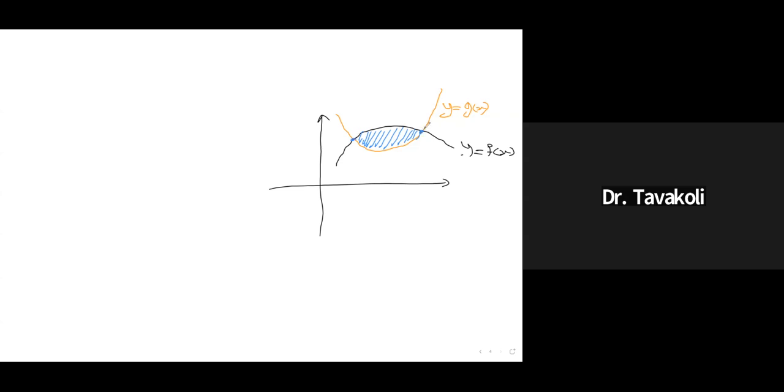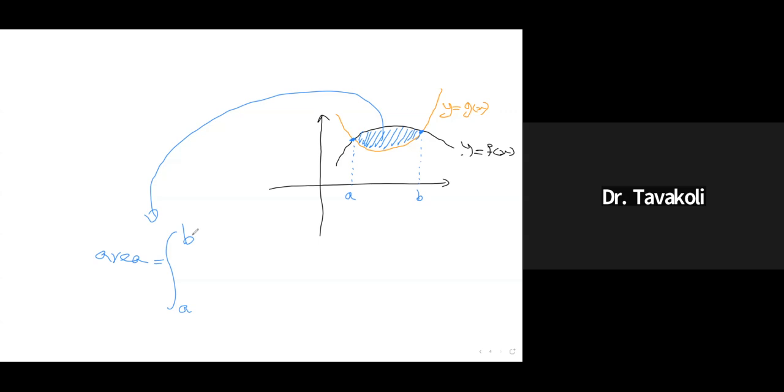If it doesn't say from where to where, I need to find these points of intersection. Then the area of that region will be the integral from a to b. A and b are not given, but by solving some equation that we'll see in a couple of examples after this, we can find out what a and b are in a problem like this.